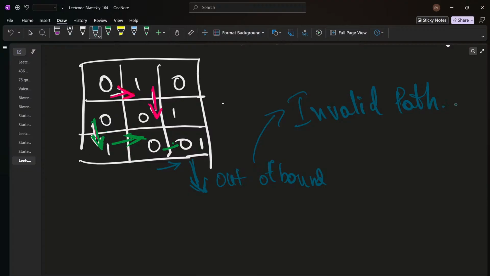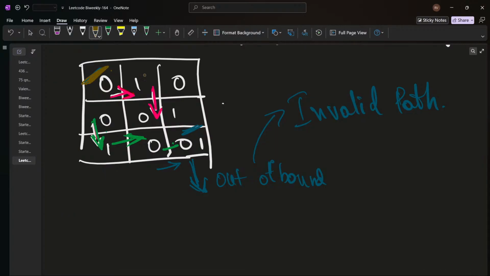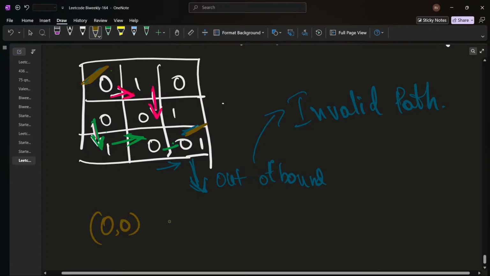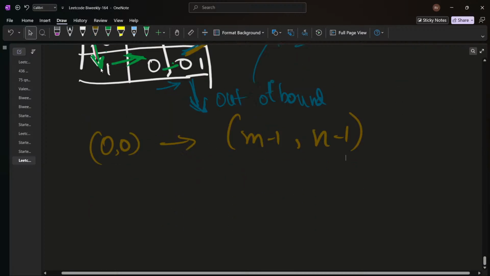Return the number of paths to reach from here to here, which is (0, 0) to (m-1, n-1). We have to return the unique valid ways. That's all.